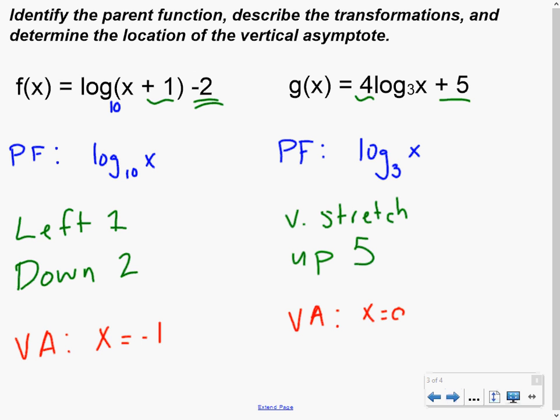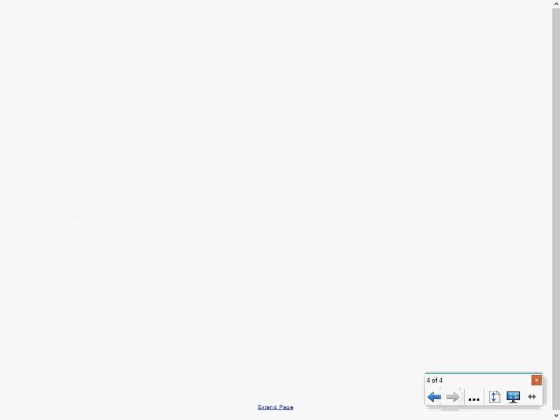You may have to use your change of base formula, depending on the calculator you have. So I will show you how you can type that in. I'm not going to actually graph it, but I'll show you how you can type it in. Let's say we had log base 2 of x.